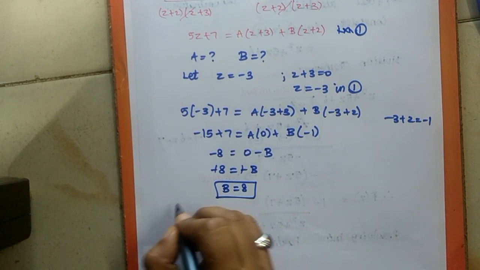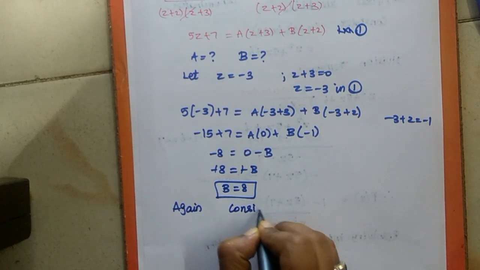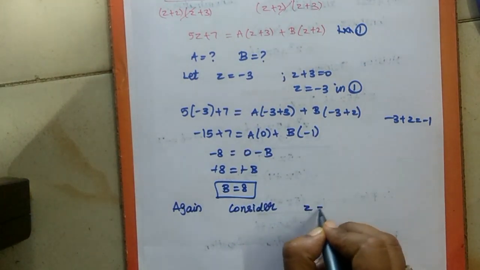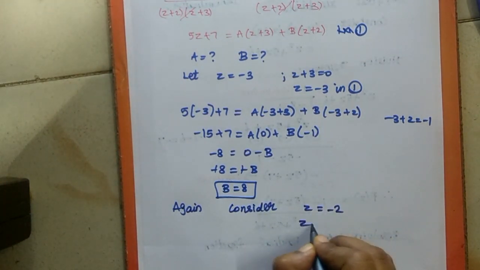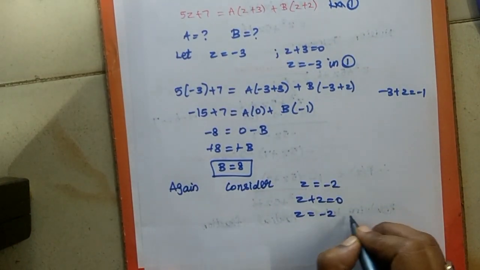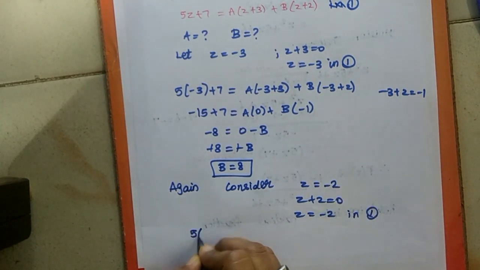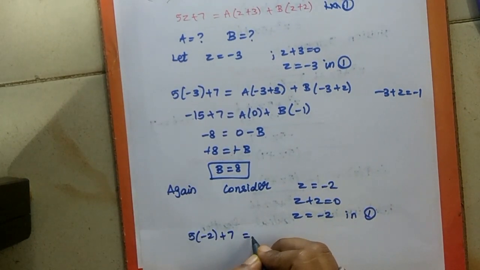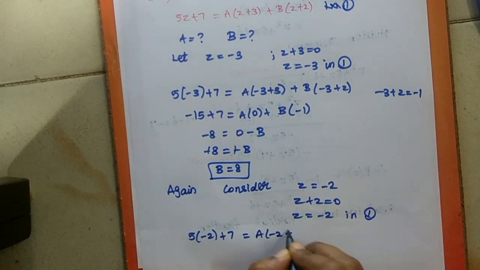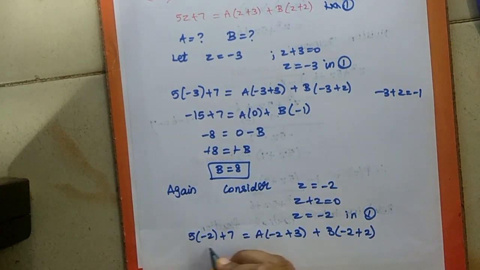Then again consider the value of z must be minus 2. Z plus 2 equal to 0, which is z equal to minus 2. Substitute z equal to minus 2 in equation 1. 5 into minus 2 plus 7 equal to a into minus 2 plus 3 plus b into minus 2 plus 2.